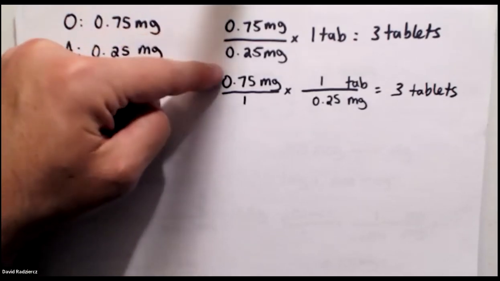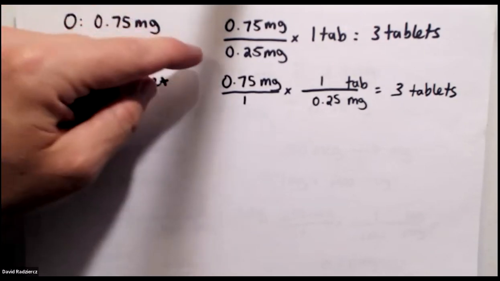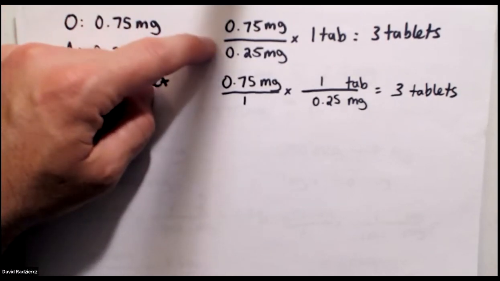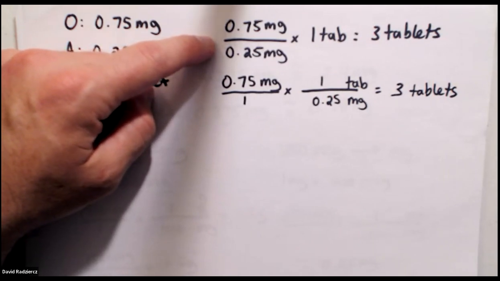I show this 2 ways, not because you need to show it 2 ways. It's just sometimes I have students who are adamant that they do order over have. And for the most part, that works great for 110, 120, 110, 130.